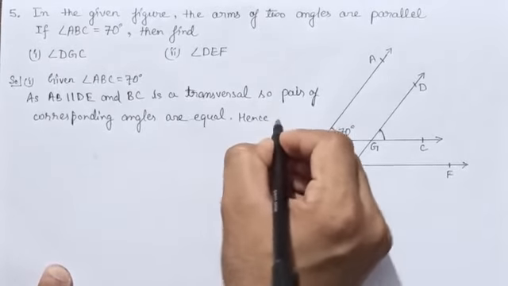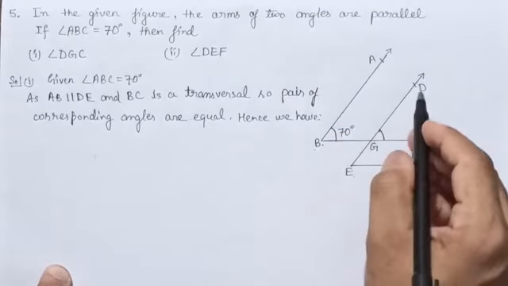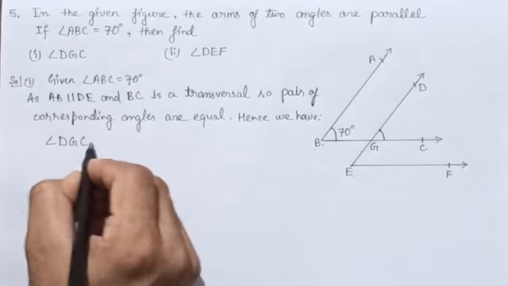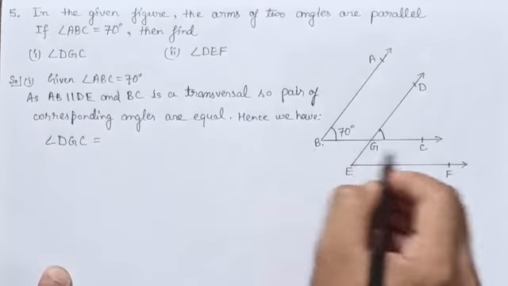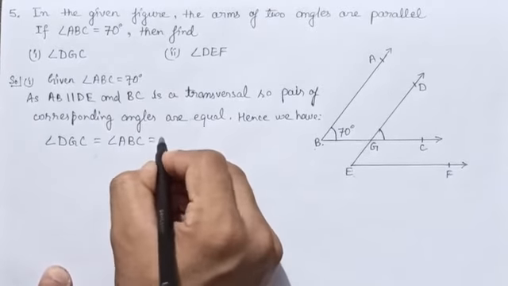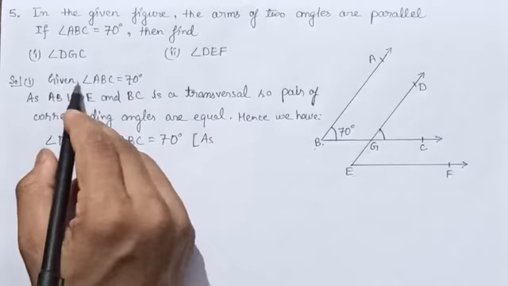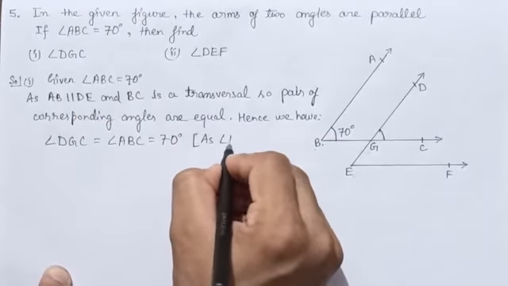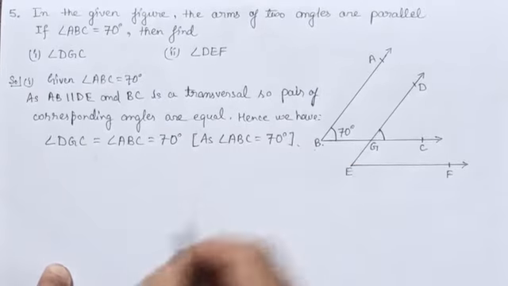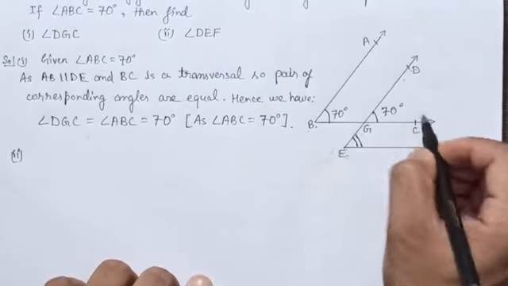Hence, we have angle DGC is equal to angle ABC, equal to 70 degrees, as it is given in the question that angle ABC is equal to 70 degrees. So here we can write DGC is equal to 70 degrees.